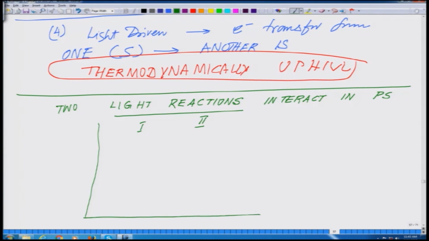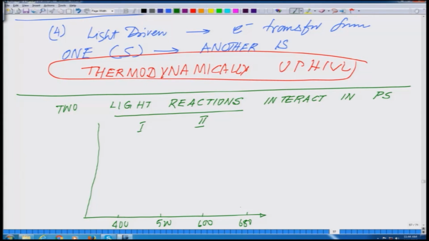I am drawing a graph. Here you have the wavelength on the x axis: 400, 520, 600, 680. Okay.